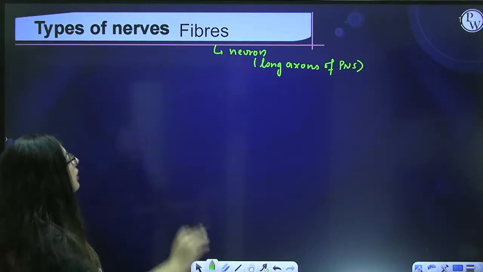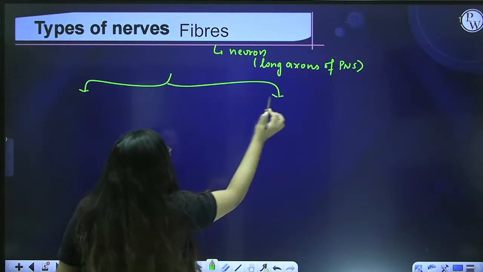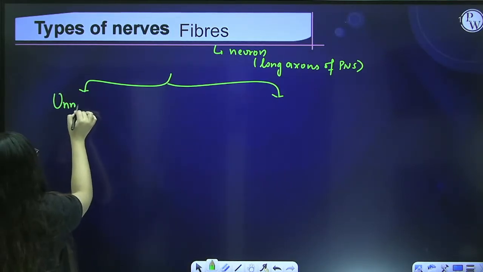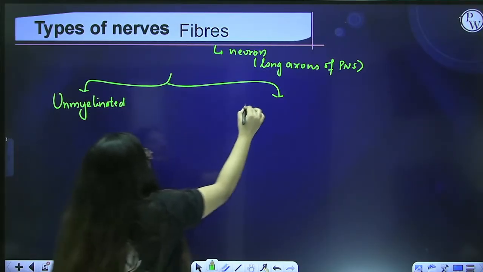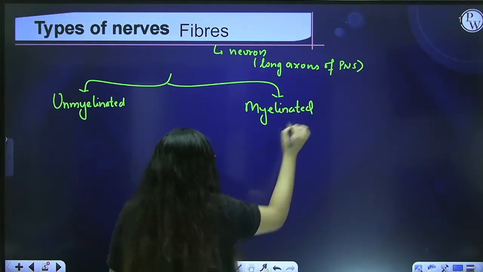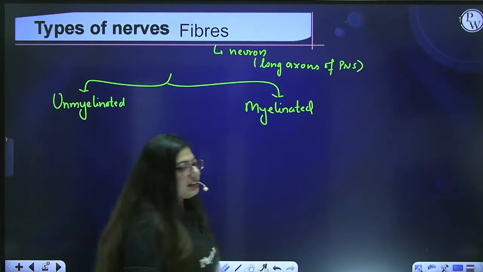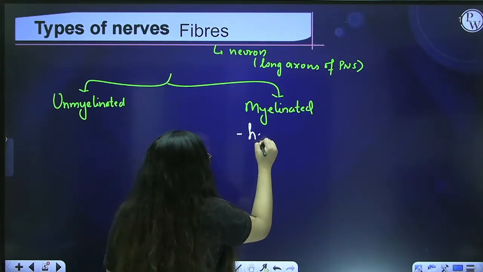Okay, so these nerve fibers are of two types. One is unmyelinated and another is myelinated. The myelinated nerve fiber, as the name suggests, has a myelin sheath.